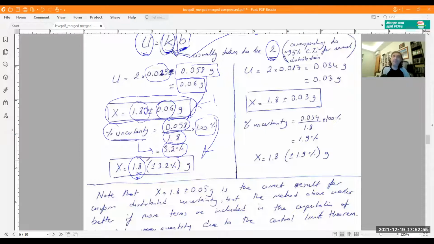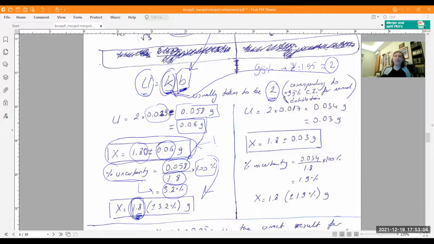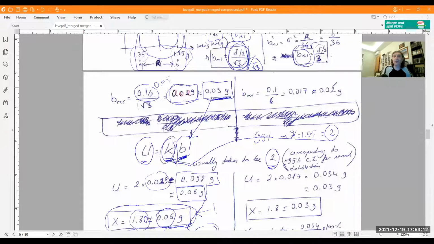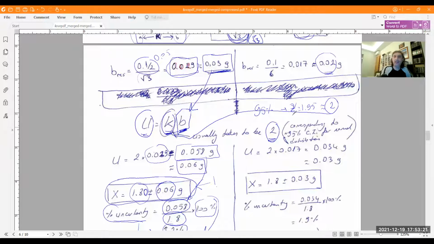Now, this gives you a better idea about how much confidence you are going to put in your measured value. If you do the same calculation, this time for normal distribution, since the bias term was smaller by a square root of 3 factor, the resulting bias comes out to be 0.02, or 0.017 to be exact, but I reported it with that many significant figures.